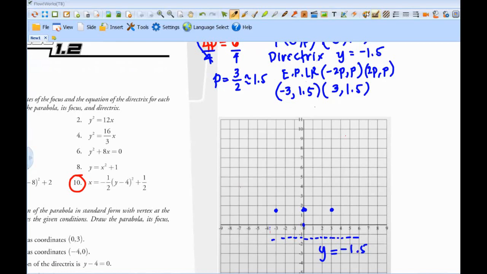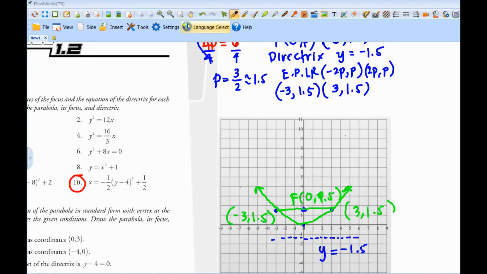So let us graph now. This is our focus, which is (0, 1.5), and here we have (3, 1.5) and (-3, 1.5). Okay? Easy, right?